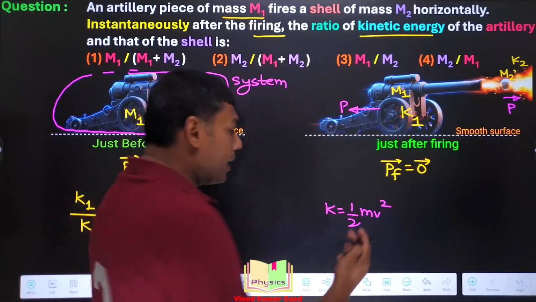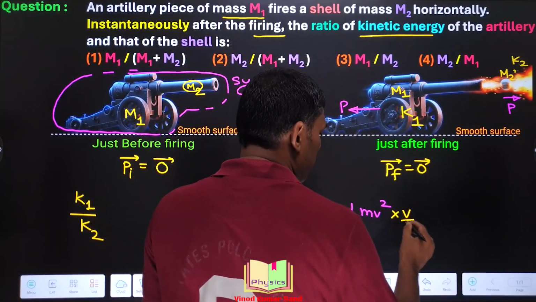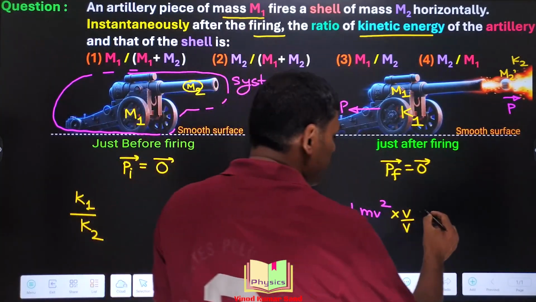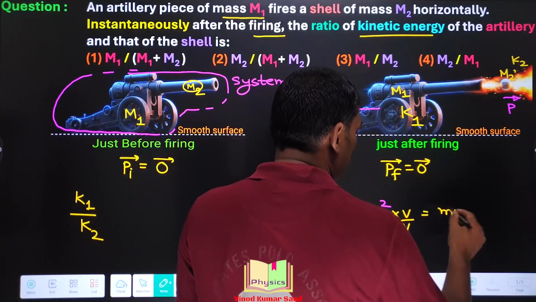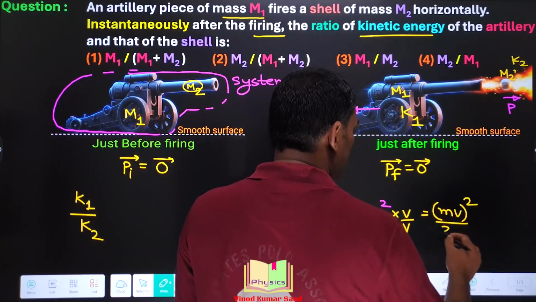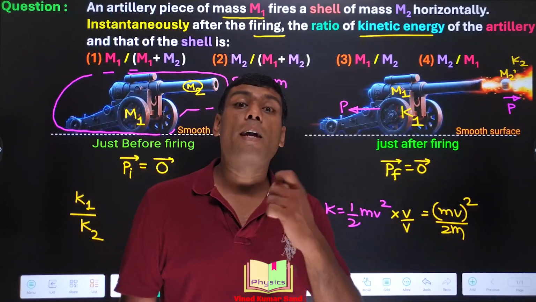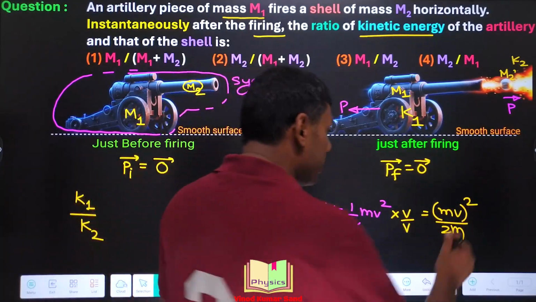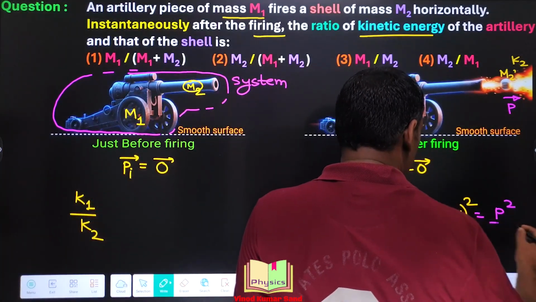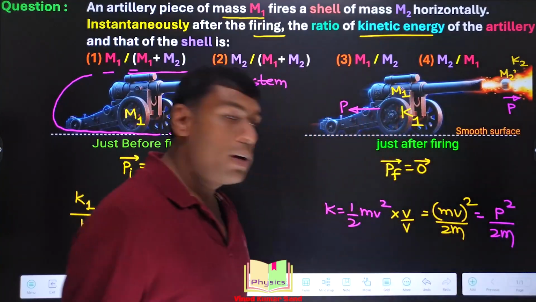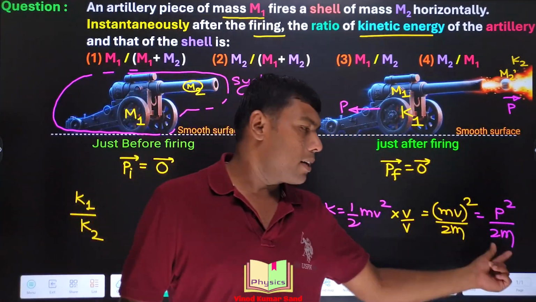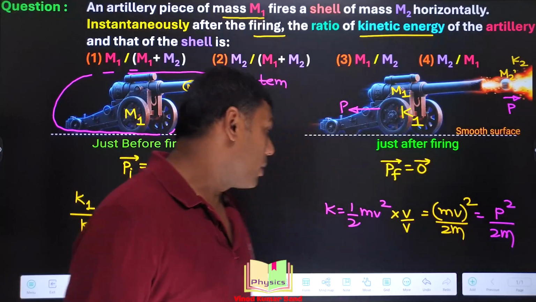You multiply and divide by m on both sides and rewrite this formula. It will be (mv) whole square by 2m. And in place of mv, we can put the magnitude of the linear momentum p. So the kinetic energy can be written as p square by 2m.